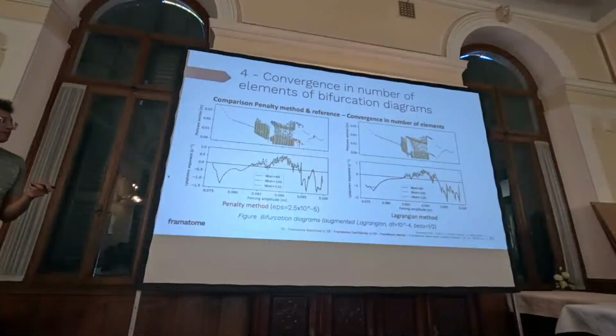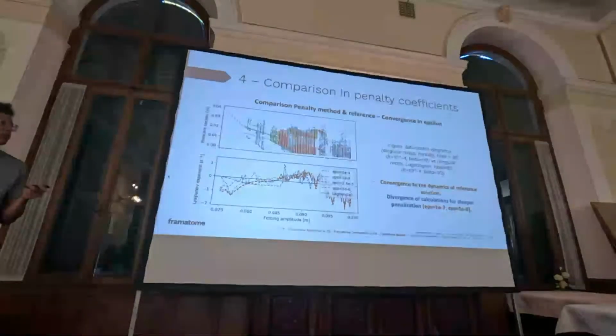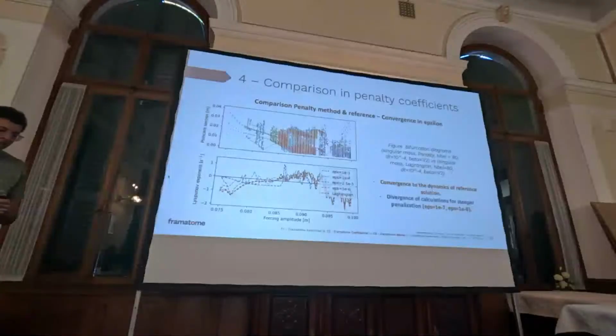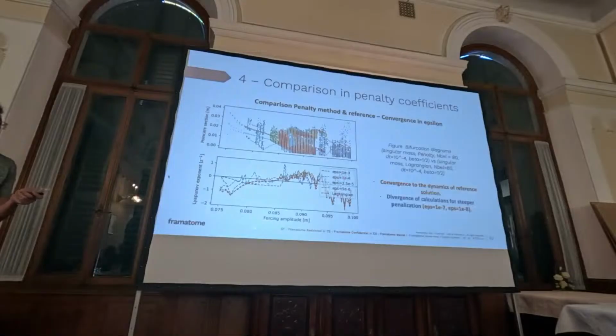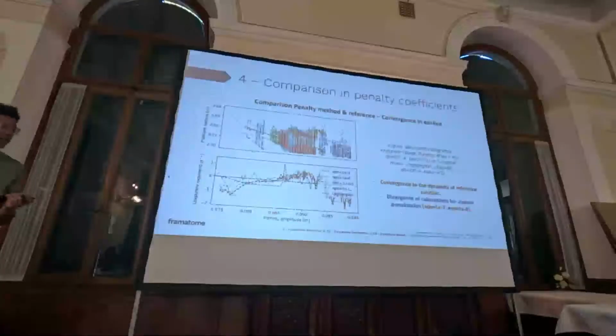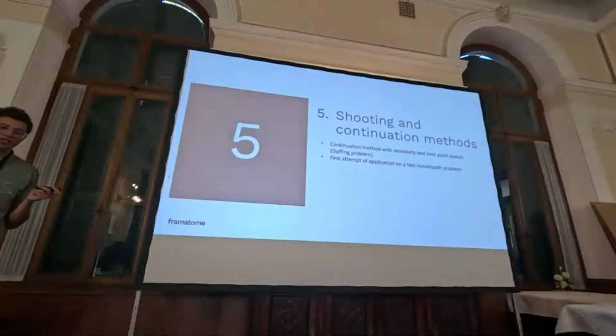Before it was converged in number of elements, and in here the very interesting result is that when we push our parameter to 0, the shape of the response curve, the bifurcation diagram, converges to our reference shape of the Lagrangian method, and that means that the convergence can be characterized dynamically, except that we have ill convergence for lower epsilons, and that's related to the numerical scheme being poorly conditioned.